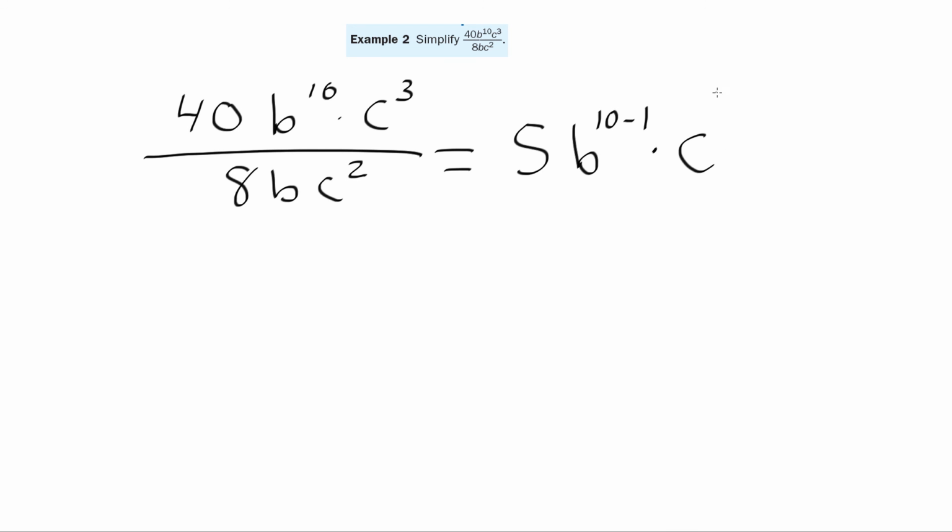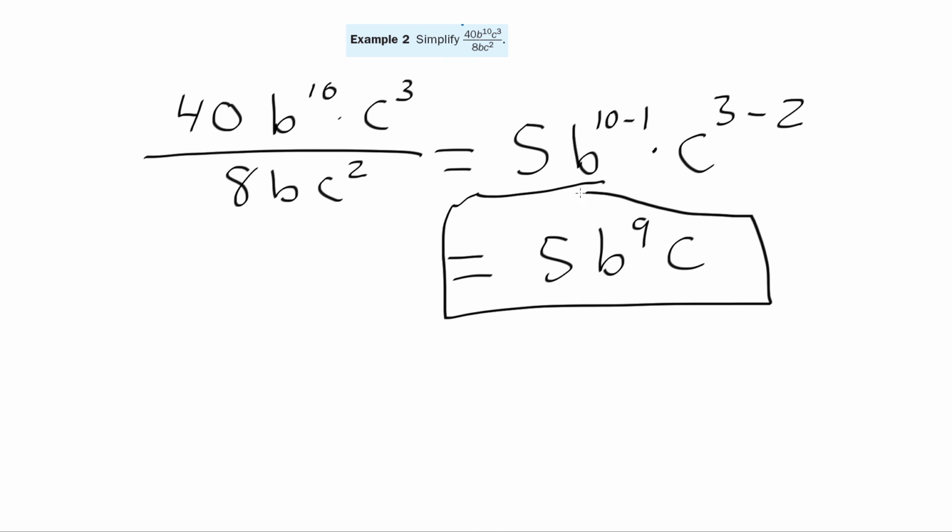So 5b to the 9th, just c, because it's c to the first. The 1 is implied, I don't need to write it. Here's our solution to the simplification: 5b to the 9th, c.